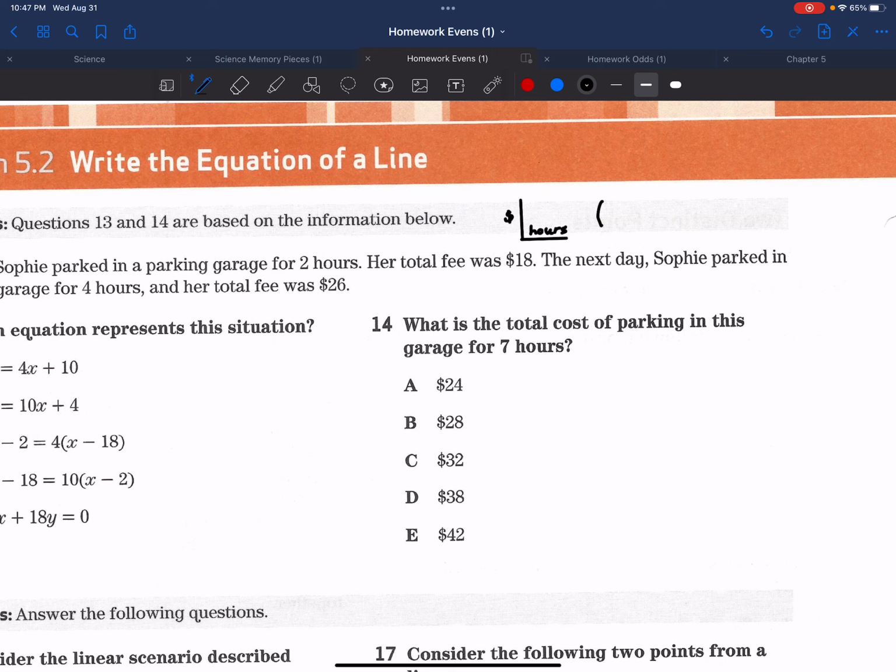So on the first day, x is 2 hours, and y is $18. And on the second day, x is 4 hours, and y is $26. And if I have 2 points, I can find the slope.